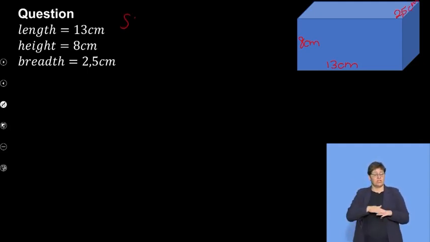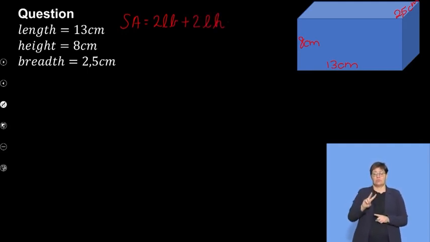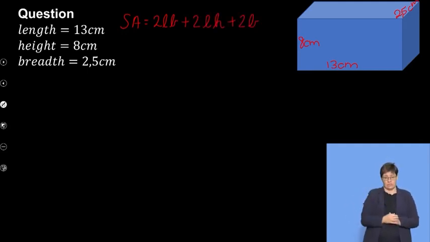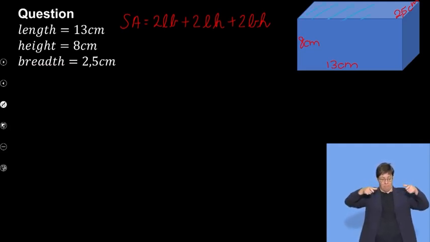Ordinarily, the surface area of a rectangular prism is 2 times length times breadth plus 2 times length times height plus 2 times breadth times height. But I've been told that this rectangular prism is open on top. So this particular rectangle on top is not present in the surface area of the prism.